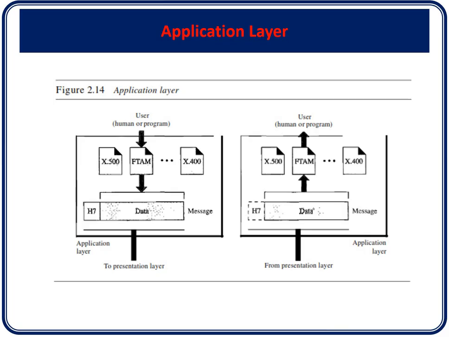More application layer examples are X.400 and X.500. X.500 means directory services, and there is also file transfer access and management. In short, FTAM manages file and sharing operations.